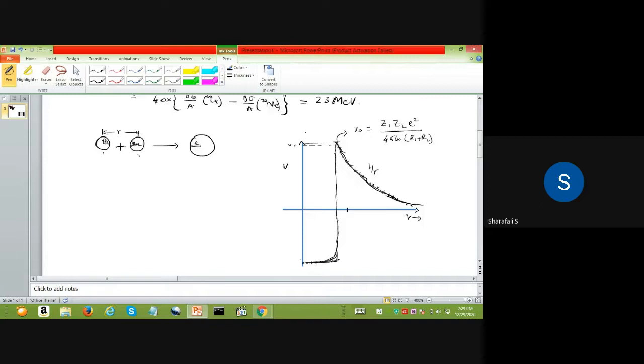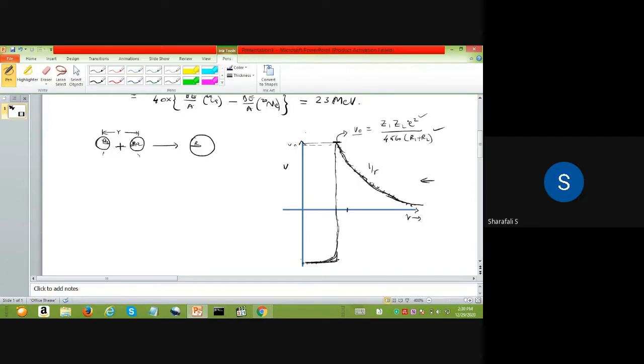So in order to have the nuclear fusion reaction, you need at minimum this much energy in order to cross this potential barrier. This potential barrier has this much height, that is V0, which is given by the Coulombic repulsive force.